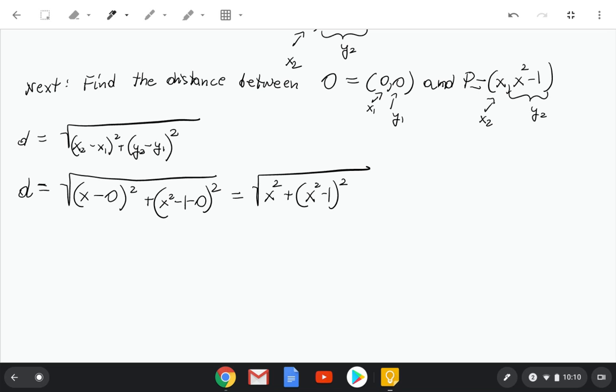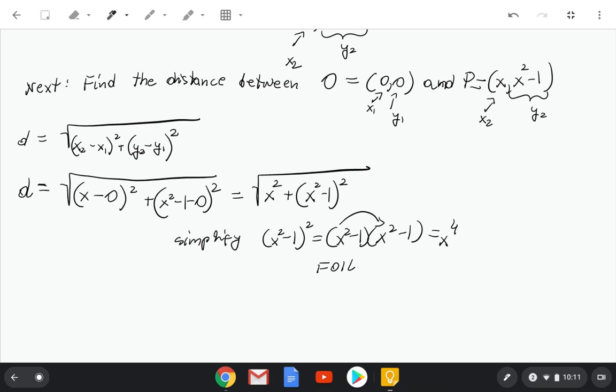Okay. The only thing I want you to do, let's just simplify that. Let's evaluate that x squared minus 1 squared, which is the same as x squared minus 1 times x squared minus 1. Let's FOIL, and we're getting x squared times x squared, which is x to the 4 power.